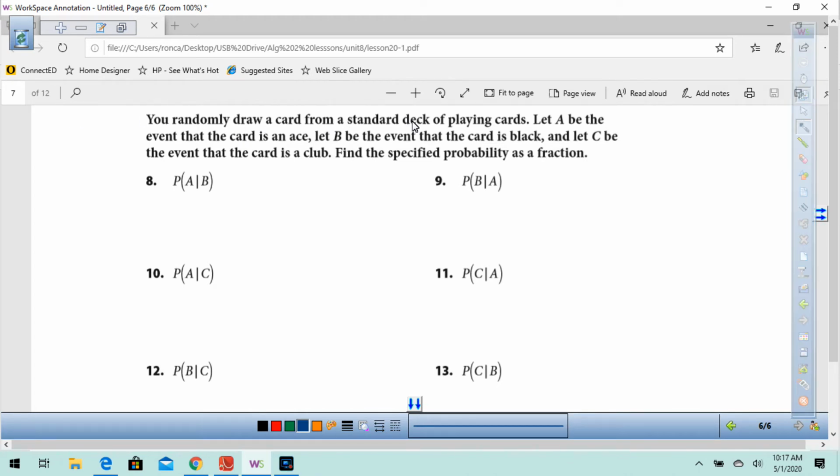All right, so what do we got here? You randomly draw a card from a standard deck of cards. Let A be the event the card is an ace, B be the event the card is black, and C be the event that the card is a club. Find the specified probability as a fraction. So A is going to be 4 over 52 because there's 4 aces.